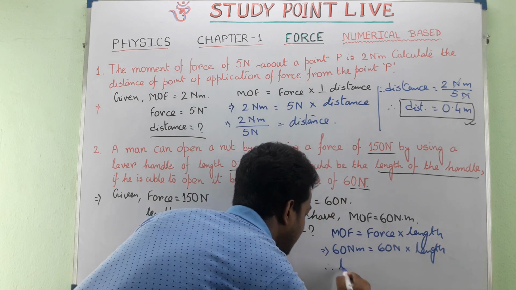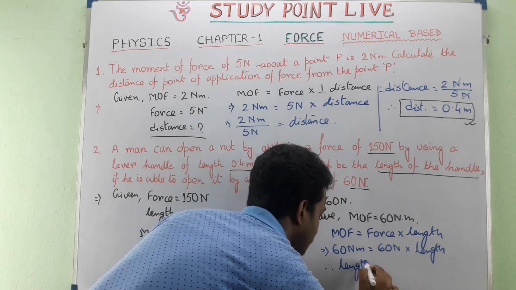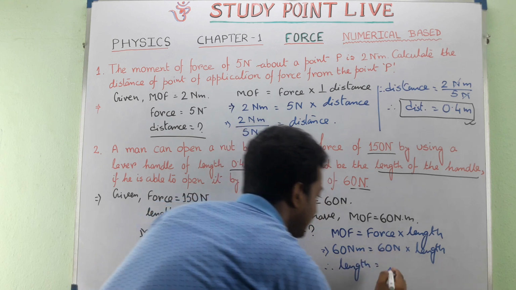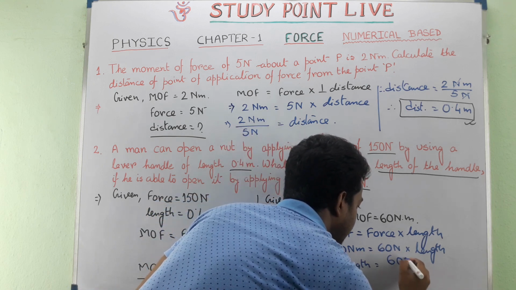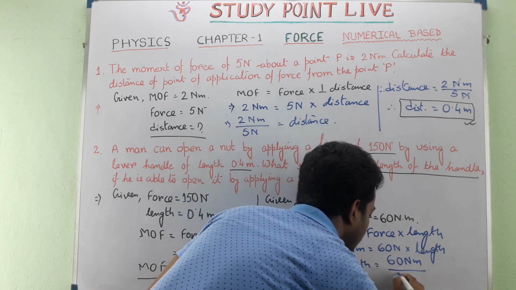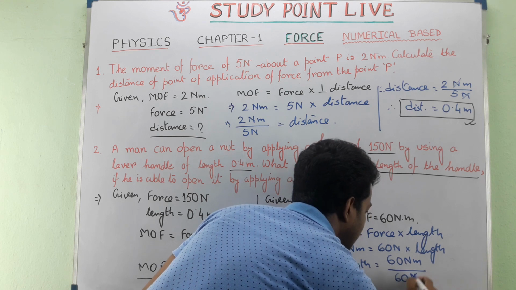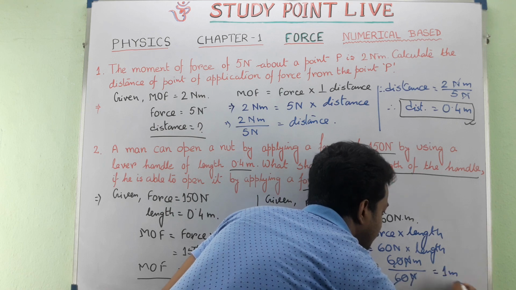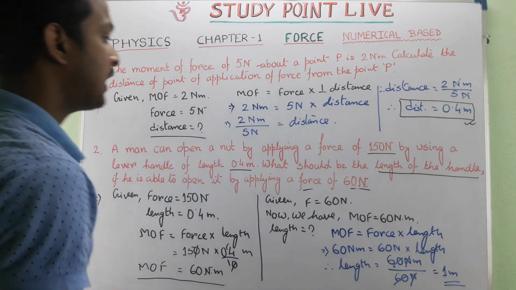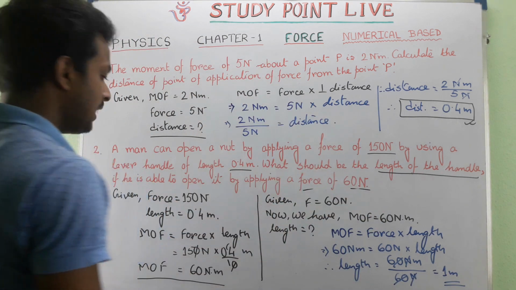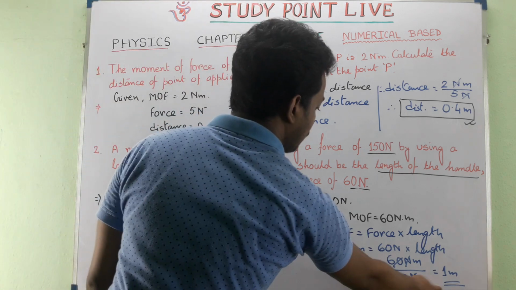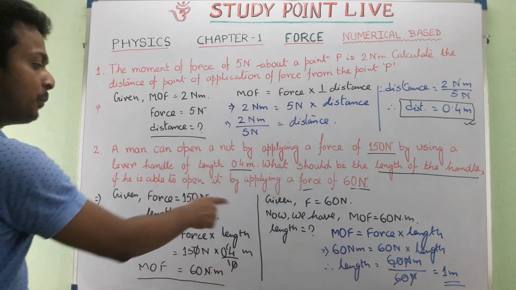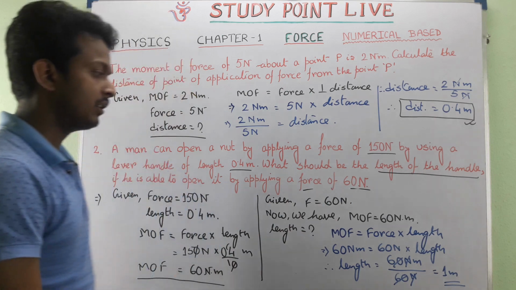So we can say that length is equal to 60 Newton meter divided by 60 Newton. See, Newton will cancel, 60 will cancel, so the answer is 1 meter. The question was, what should be the length of the handle? So the length of the handle should be 1 meter so that he is able to open it by applying a force of 60 Newton.